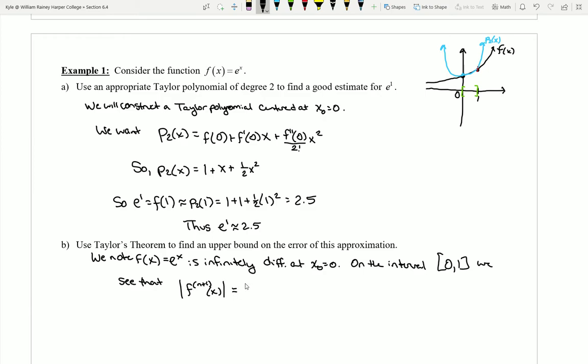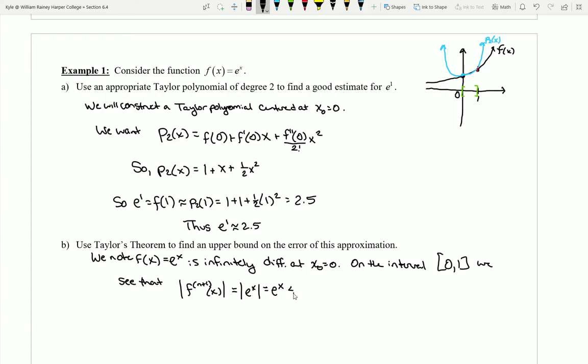For the moment, I'm going to attempt to simplify it. What is the n plus first derivative of e to the x? Since I have such an easy function here, that's pretty easy to state. That's just e to the x. Any derivative of e to the x is e to the x. And when I look at the graph of e to the x, if I tried to absolute value it, nothing changes. So this is just e to the x.